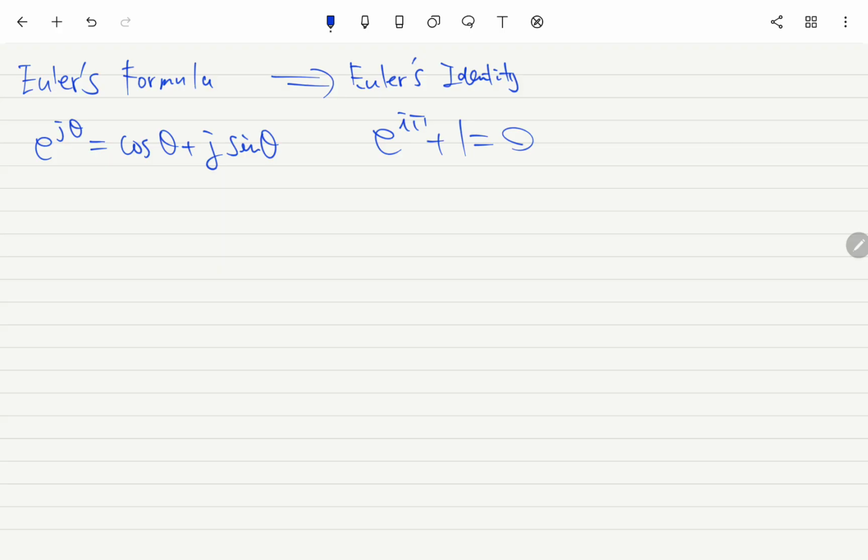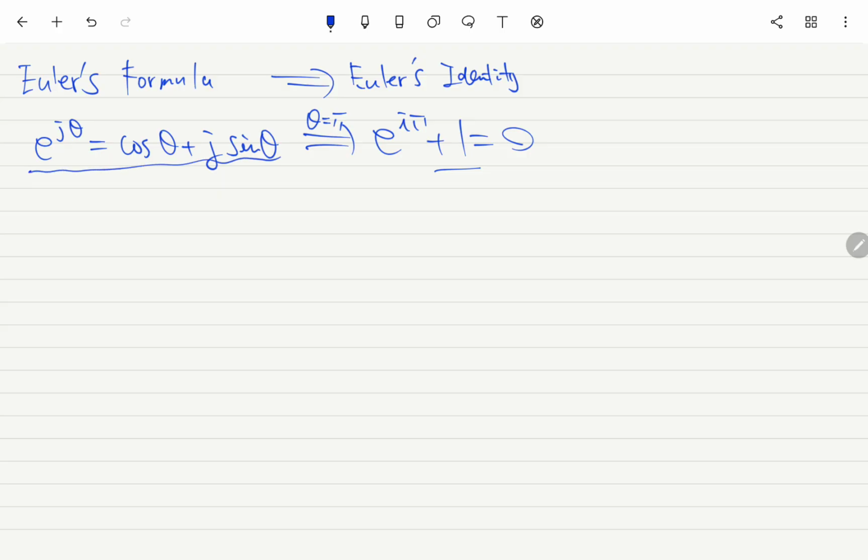The right side will be cosine of 180 degrees, which is -1, so moving it to the left side it becomes plus 1, and then sine of pi will be 0. So it turns out to be like that. And then you ask why it is like that.